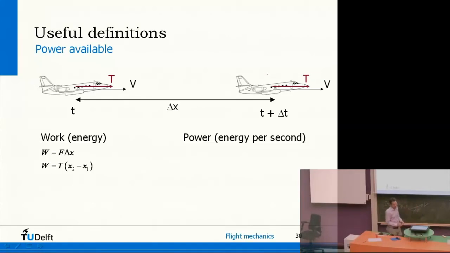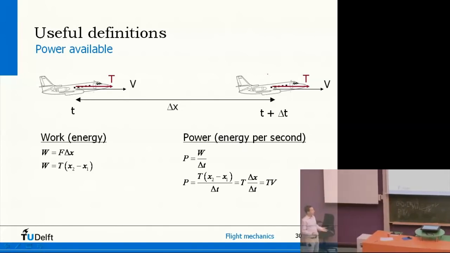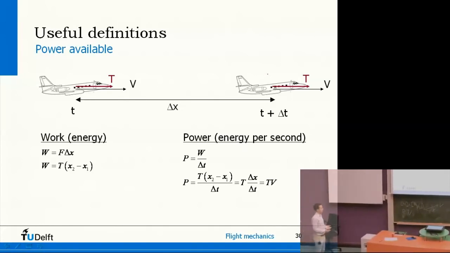So, energy per second. Very simple. Power then is work, so energy, divided by the amount of time that it takes. Now, you have thrust times delta x, which is the work, the energy. You have time delta t, and you can see straight away delta x over delta t.